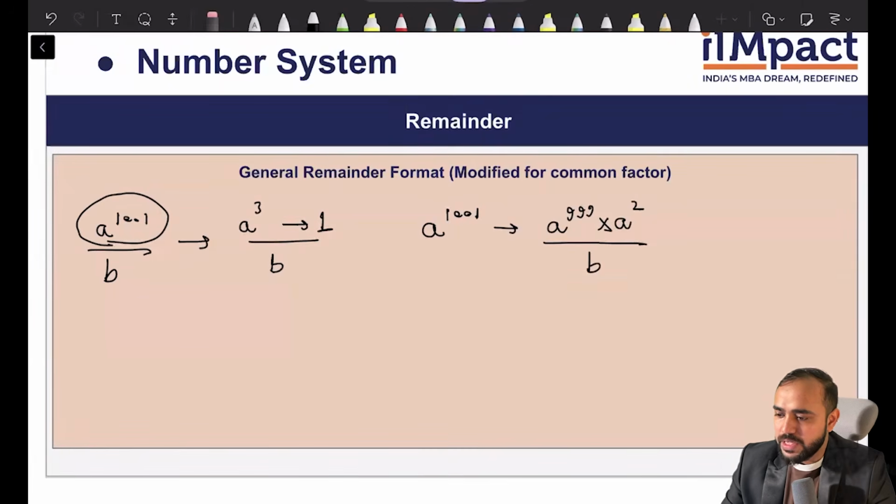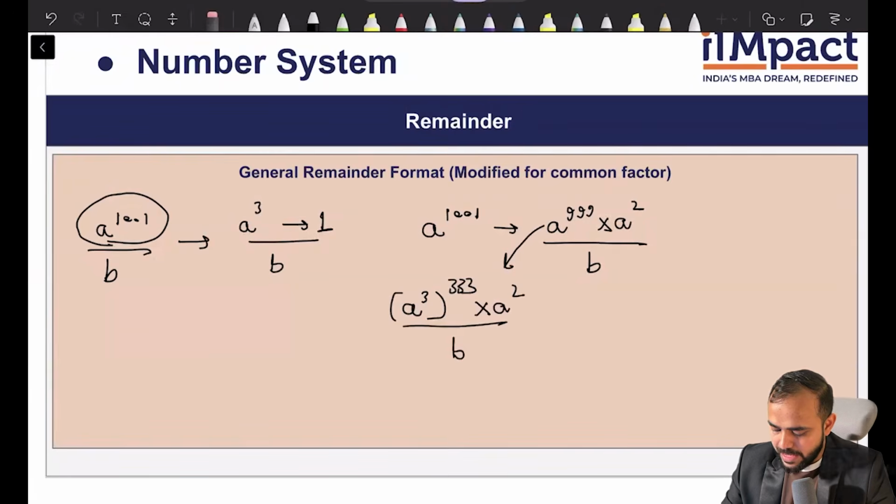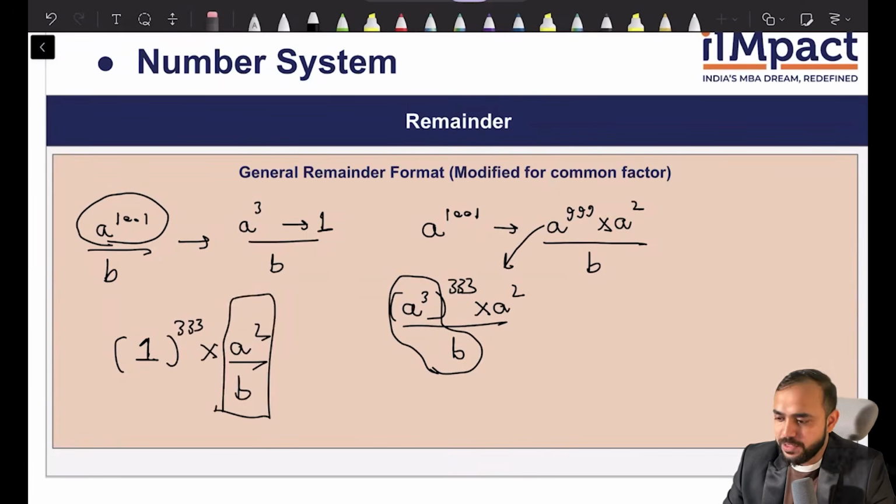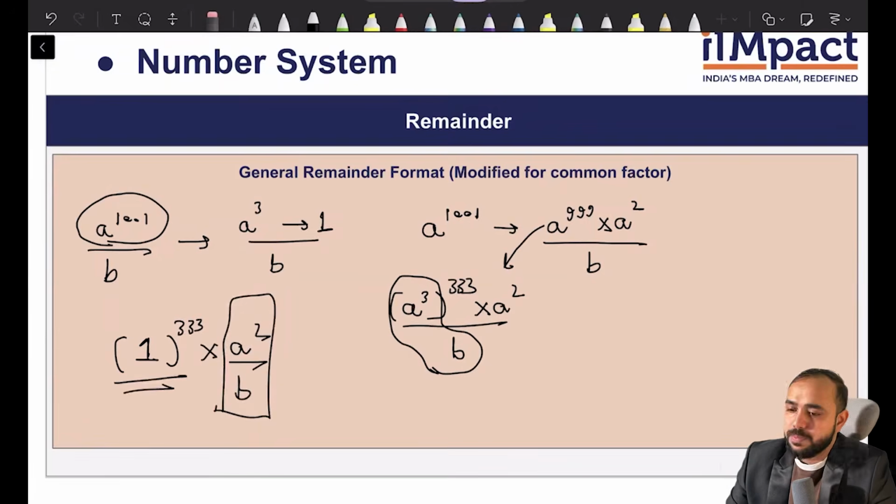And I know that since a cube leaves a remainder of 1, I will further write this as a cube raised to the power 333 into a square by b, and then I will say that a cube leaves a remainder of 1. So my final answer will be 1 to the power 333 into a square by b. Whatever remainder comes from here, that multiplied with 1 to the power 333. This is my standard go-to approach.